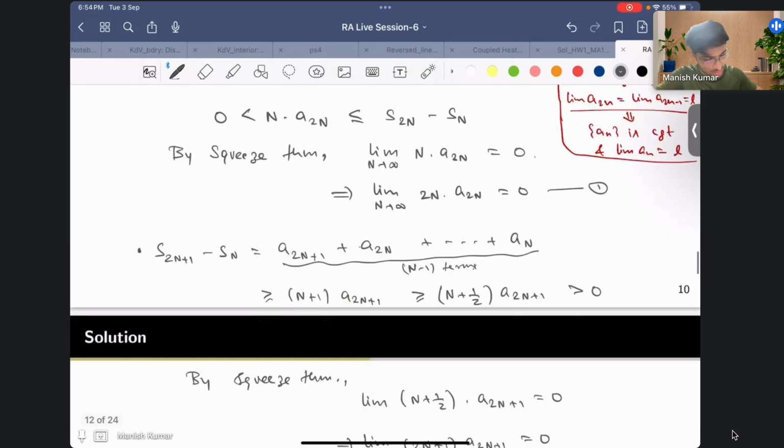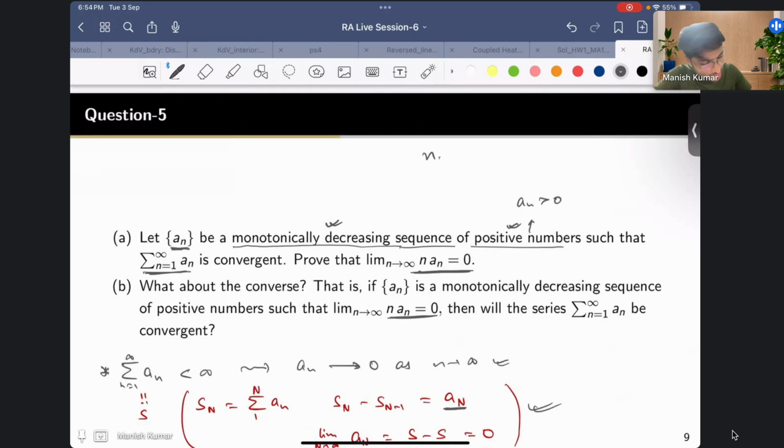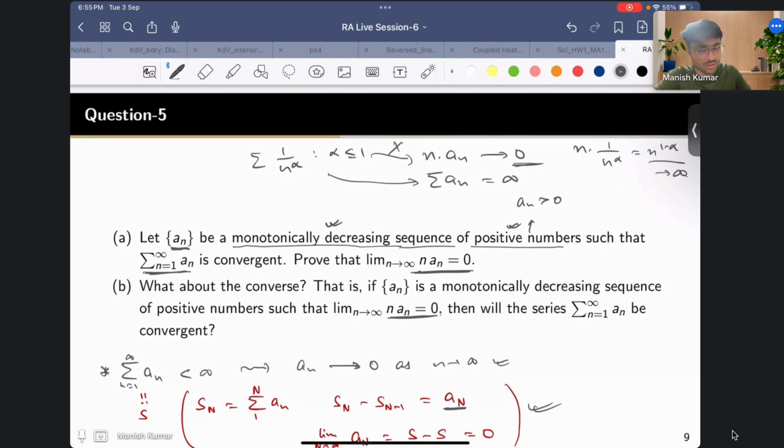So see, if you look at this statement, n times a n should go to 0, right? This is the first thing, and the second thing is that to get a counterexample, the series should be divergent. Now, clearly this kind of example 1 by n to the alpha will not work, because this is divergent if alpha is less than or equal to 1. If you want to meet this criteria, then it will not be fulfilled, because when you put n times 1 upon n to the alpha, you'll get n to the power 1 minus alpha, which goes to infinity, not to 0, because alpha is less than or equal to 1.